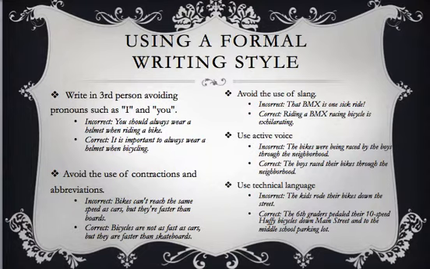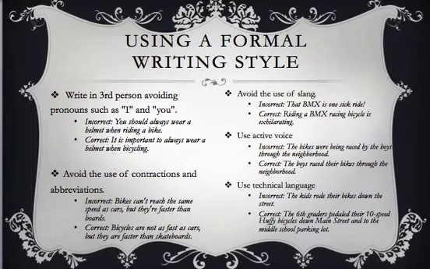So using a formal writing style. Write in the third person and avoid pronouns such as I and you. Okay? You're going to be writing in a formal style like you would read something in a textbook. Okay? They don't usually say I and you, and you're not expressing your opinion here.